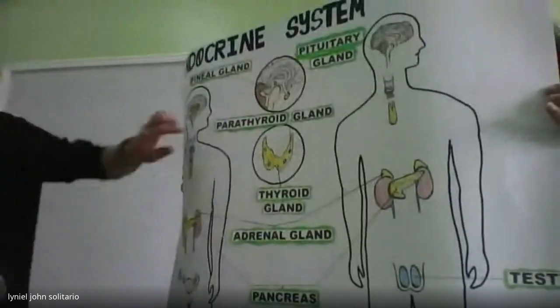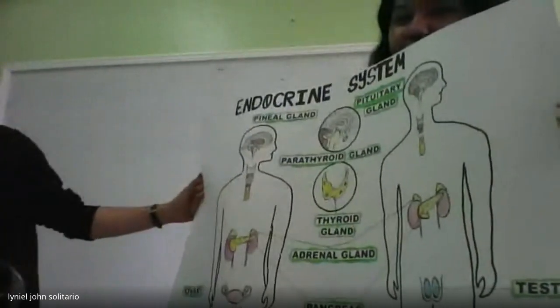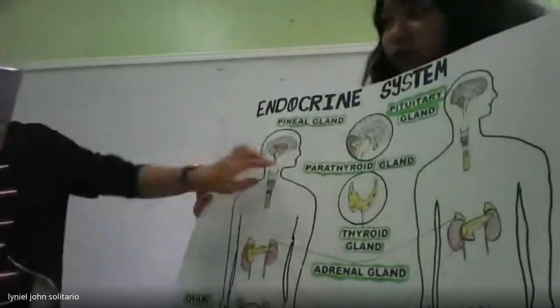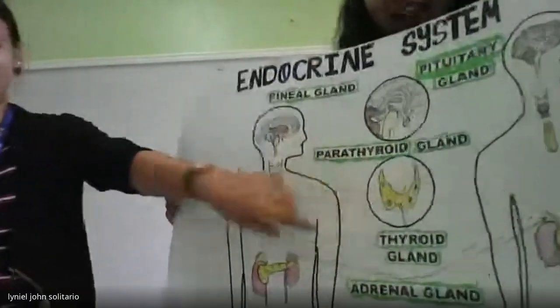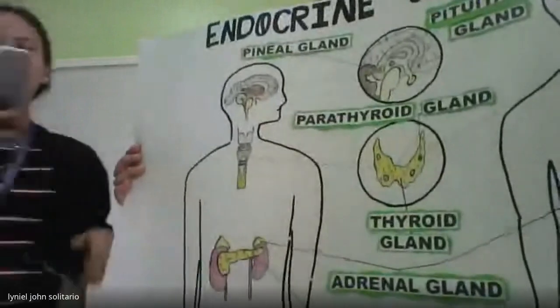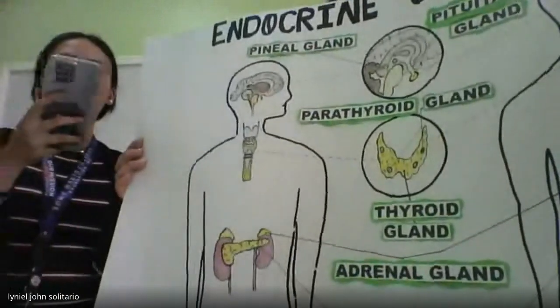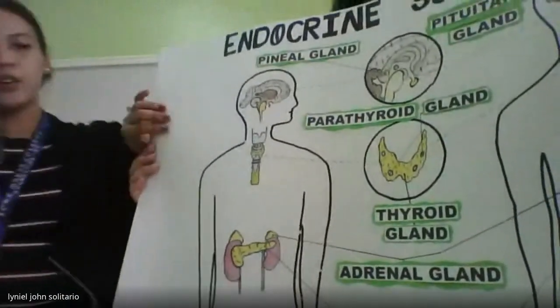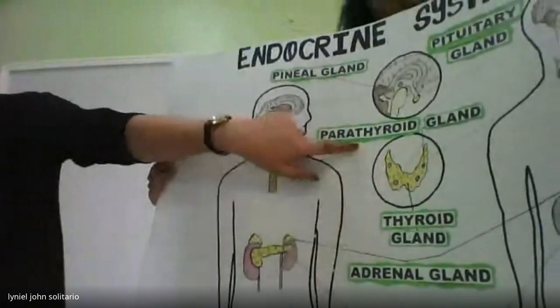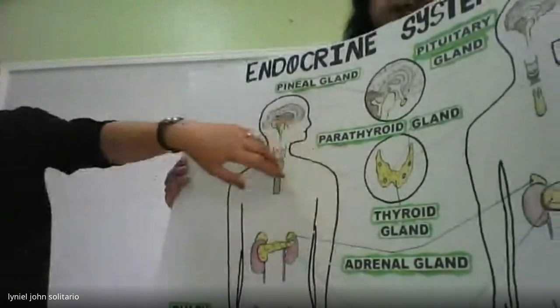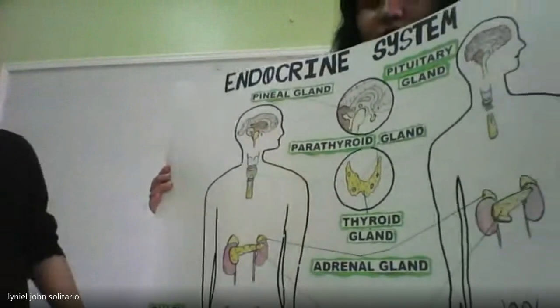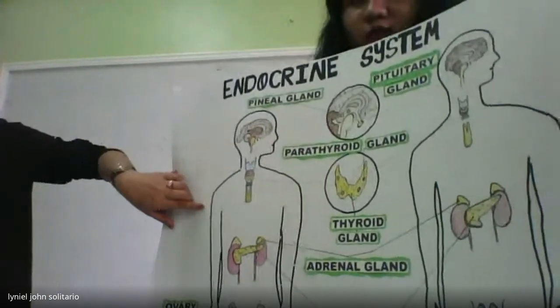The third one is the parathyroid gland. The thyroid and parathyroid glands are located in front of the neck below the larynx or voice box.